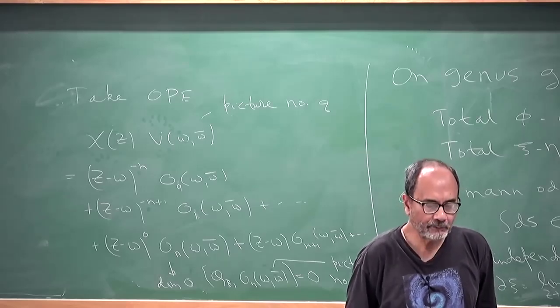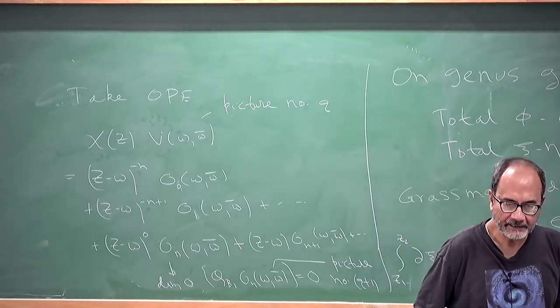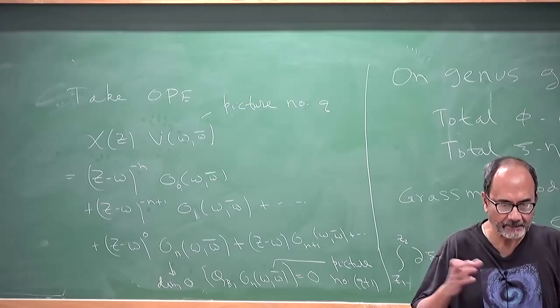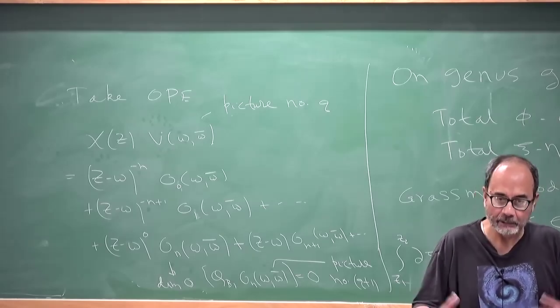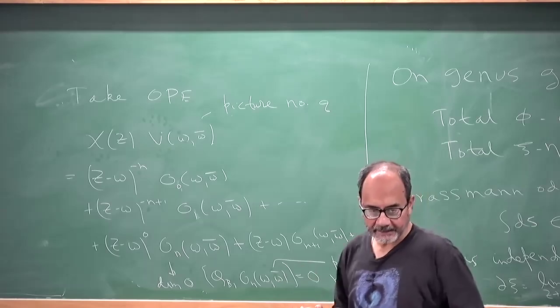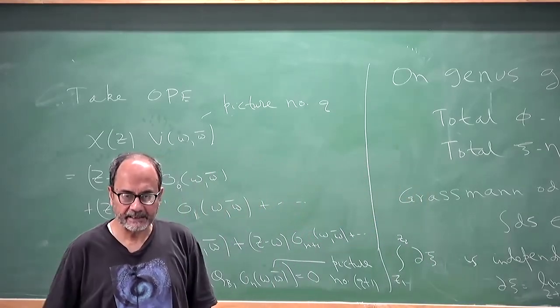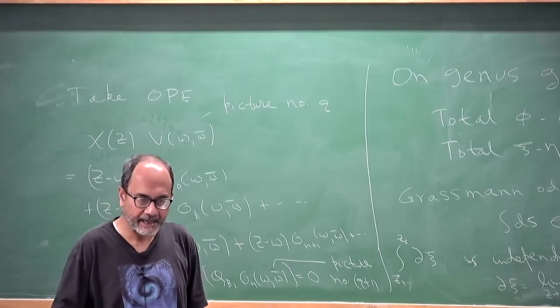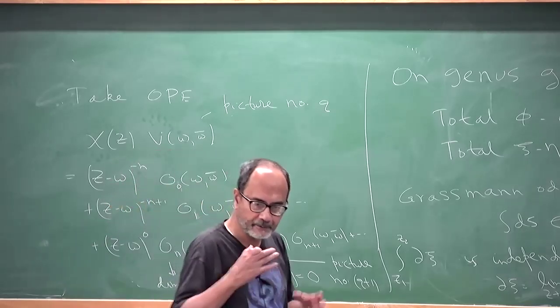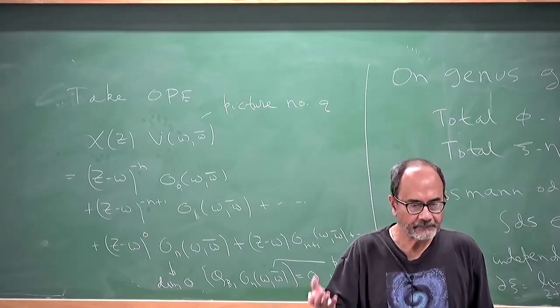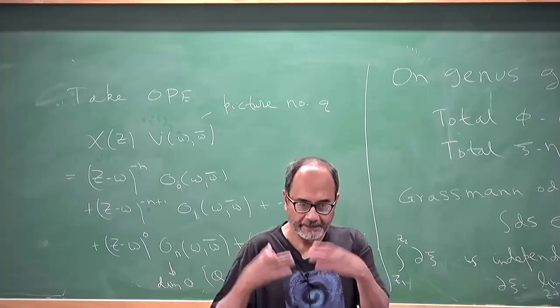So we have to find an appropriate operator which is first of all BRST invariant, which is not BRST trivial, and which changes the picture number back, which reduces picture number. There is an operator which we can write down. I'll not describe that. But the claim is that just like chi raises picture number, mapping elements of the cohomology to elements of the cohomology of one higher picture number, there is a similar operation which lowers picture number.